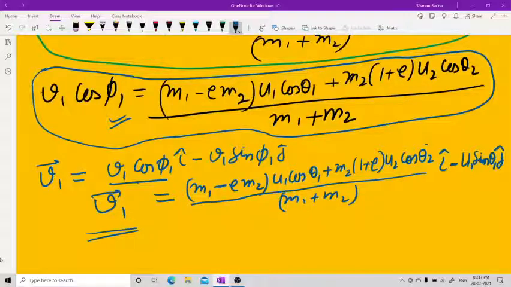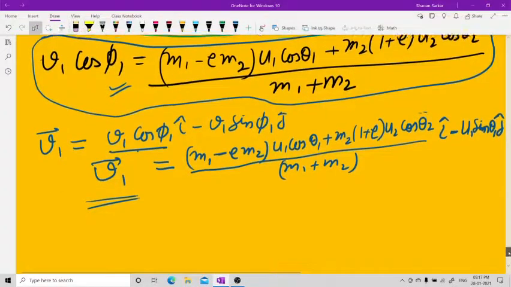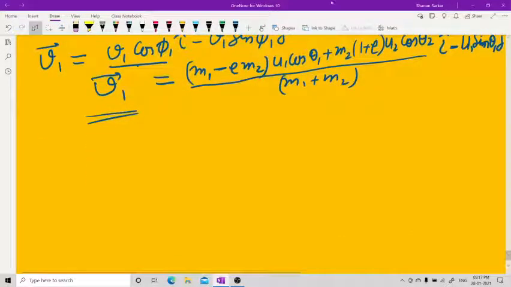Now, similarly, I'll write down the v2 component. I can write it directly for you; you can do it as homework by putting that in that.